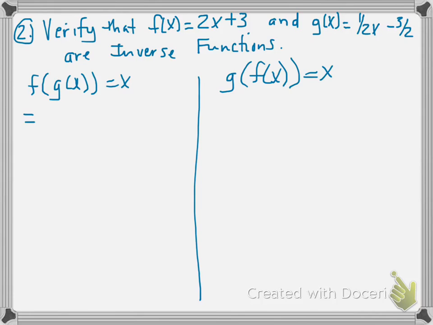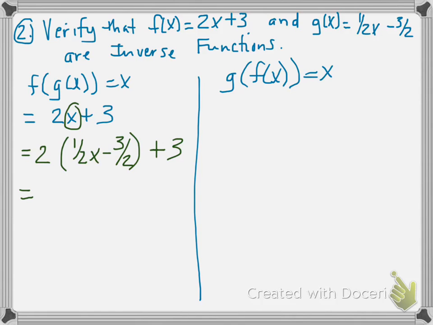The first one that it gives you is f of x, so we write down that one, which is 2x plus 3. We need to substitute the x with the 1/2 x minus 3/2. Don't forget to bring down that plus 3 at the very end. We multiply 2 times 1/2, which is x, and 2 times 3/2, which is minus 3. And then the plus 3 at the very end.